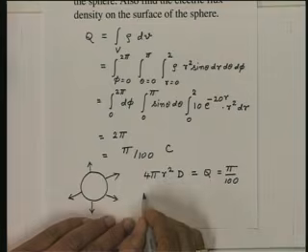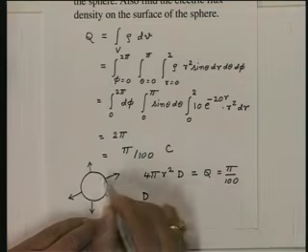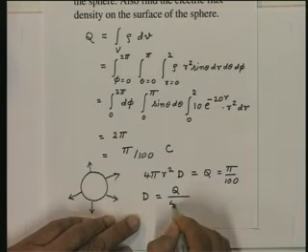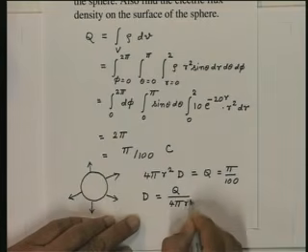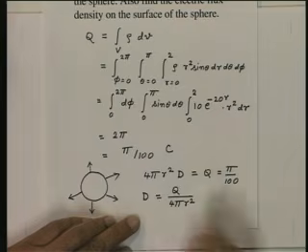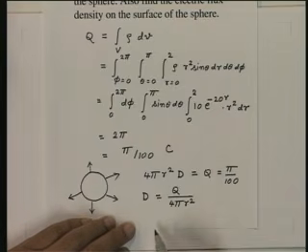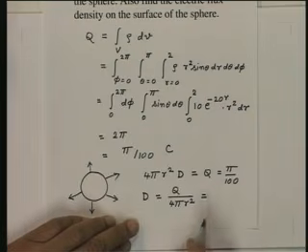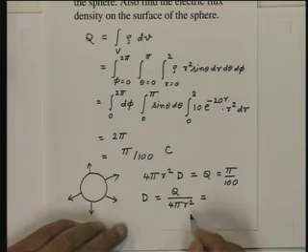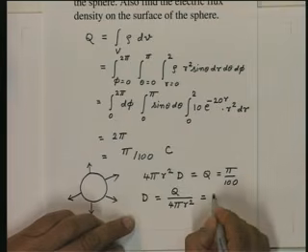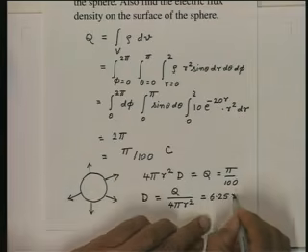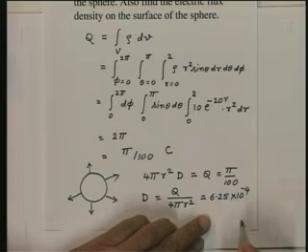So, from here we can calculate the electric flux density on the surface of the sphere, which is equal to Q upon 4 pi r square, and substituting for the value of Q, which is pi upon 100, and r equal to 2 meters, we get electric flux density on the surface of the sphere equal to 6.25 into 10 to the power minus 4 coulomb per meter square.